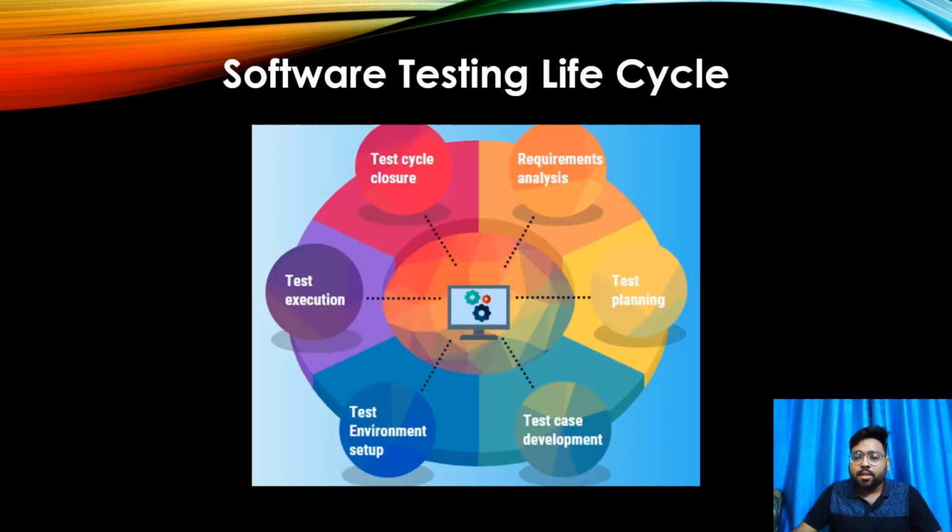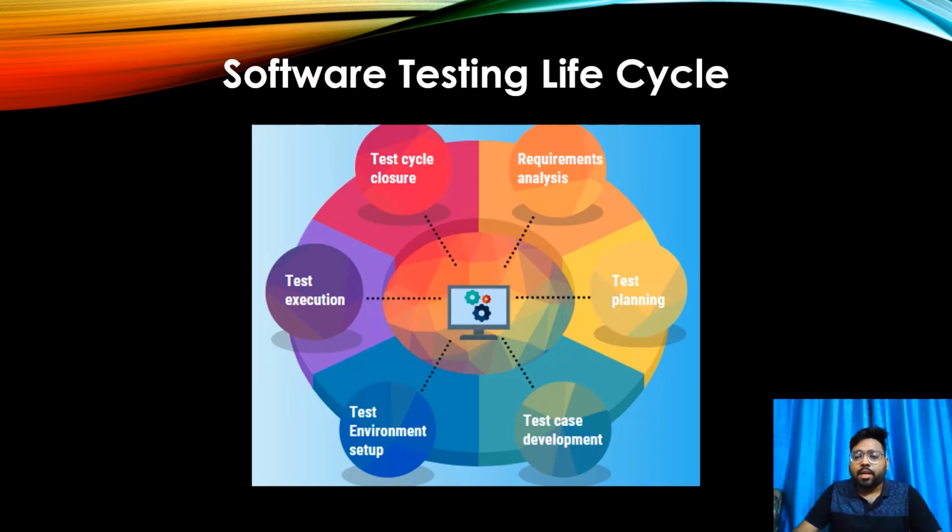Then there is the software testing life cycle that is followed by all the testers to carry out software testing, and it has basically 6 phases, and I'll just touch on it. I'll just name them. Requirement analysis, where the requirements proposed by the client are analyzed.